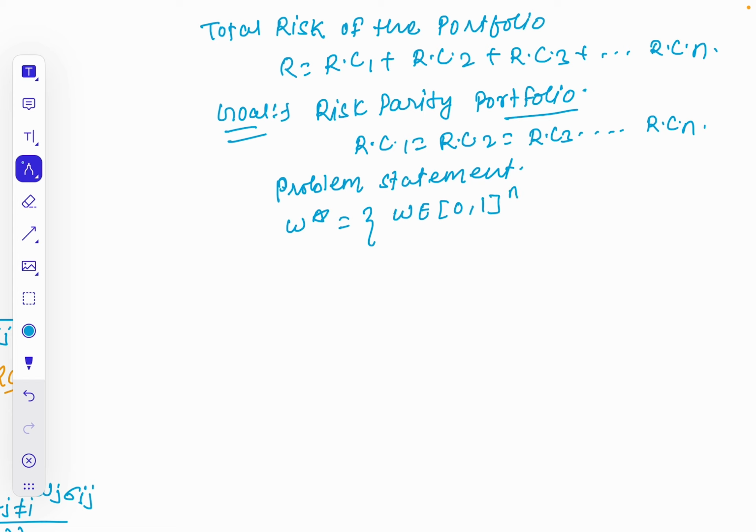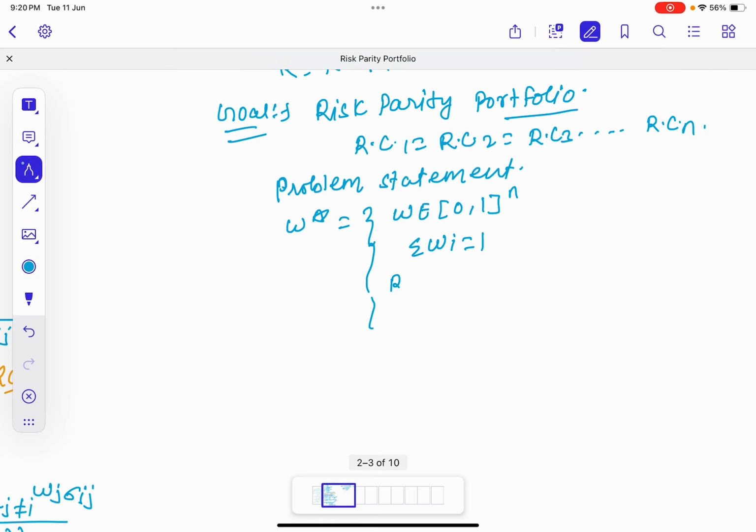The second constraint is that the summation of all weights should be equal to 1. And the third constraint is that the risk contribution of asset I should be equal to the risk contribution of any asset J, for any I and J in the portfolio. So the risk contribution of all the assets should be equal.